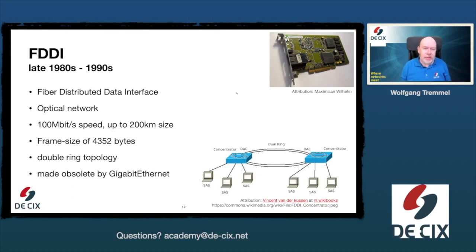Also, the frame size was higher than Ethernet. Ethernet used, and still uses, a frame size of 1500 bytes. FDDI used 4352 bytes. But again, it was expensive, and it was replaced by gigabit Ethernet later.